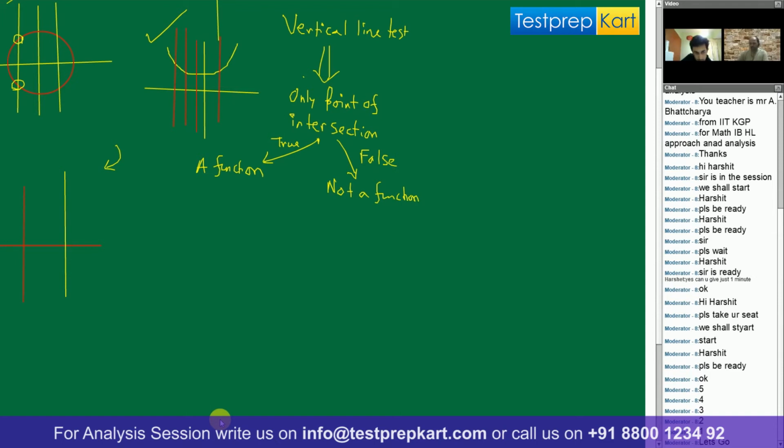First of all, if we try to draw any vertical line here, it won't intersect. Now, once we draw a vertical line like this, it will simply coincide. Coincide means how many points of intersection? Infinitely many. Yes, true. So if it is infinite, will it be a function? No. Okay, it can't be. That's great. So let's come to the next one.